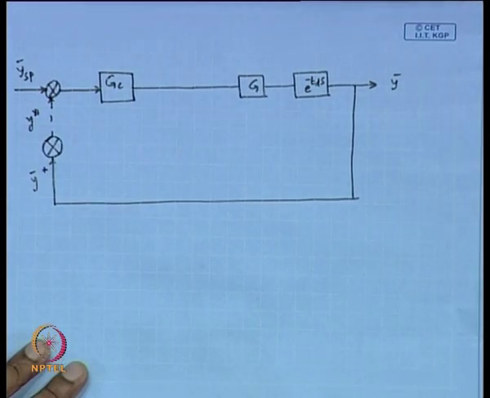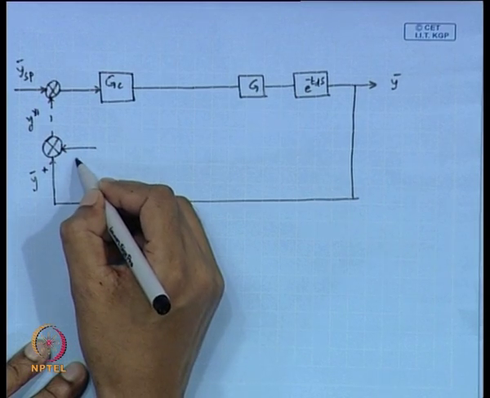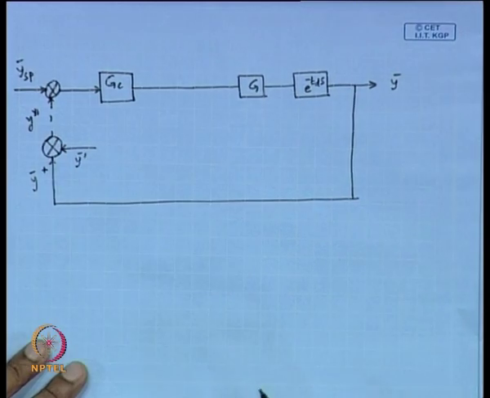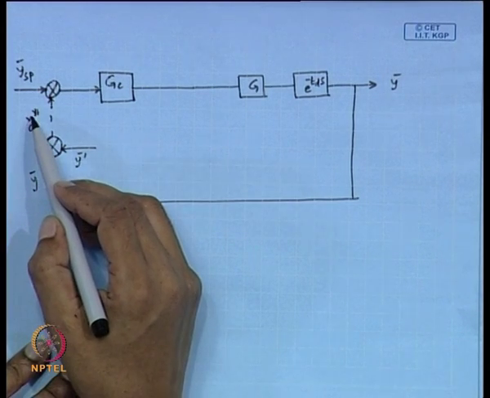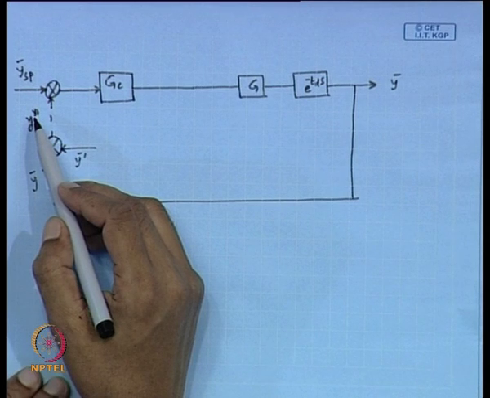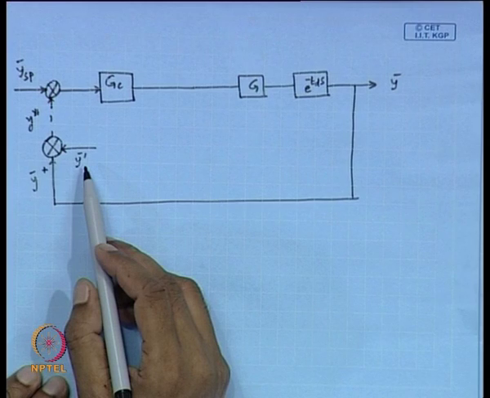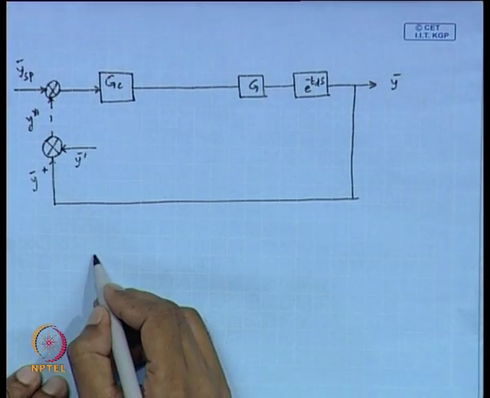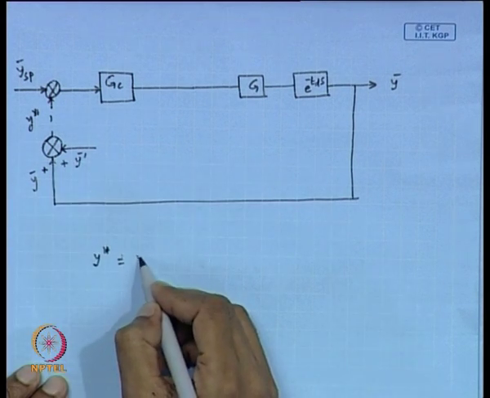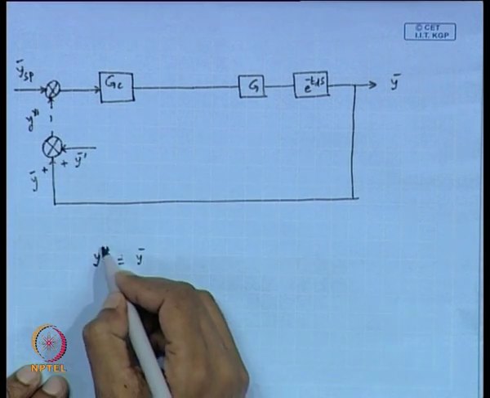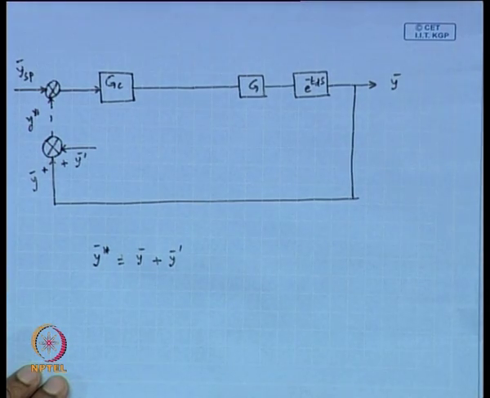Suppose we are adding another signal denoted by y prime with this y to obtain y star. So, it is straightforward to calculate this y prime. I mean y star is basically the summation of y and y prime.